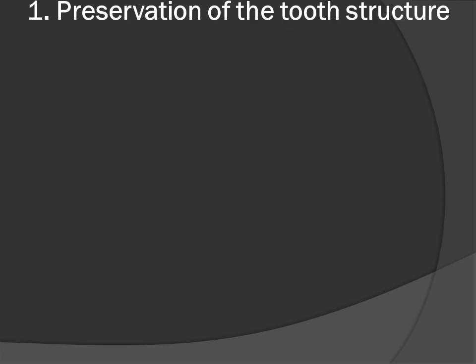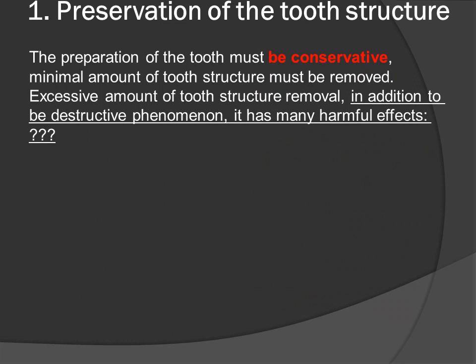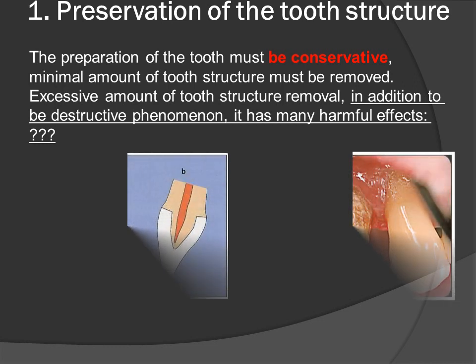Number 1, preservation of tooth structure. The preparation of tooth must be conservative. That's to say, minimal amount of tooth structure must be removed, because excessive amount of tooth structure removal, in addition to the destructive phenomena, has many harmful effects.